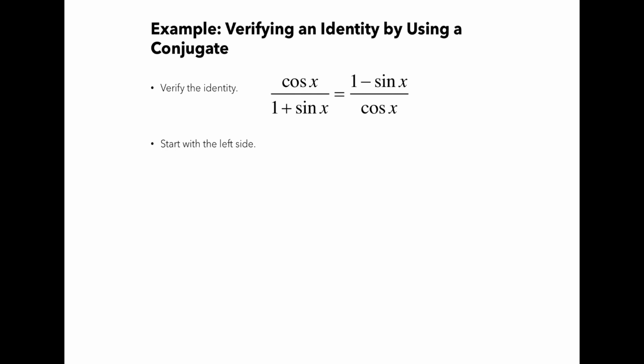You recall on the last one that we had something similar to this, 1 plus sine x here. And we saw that difference of 2 squares when we multiplied it by 1 minus sine x. That is called a conjugate. The conjugate of 1 plus sine of x is 1 minus sine of x.